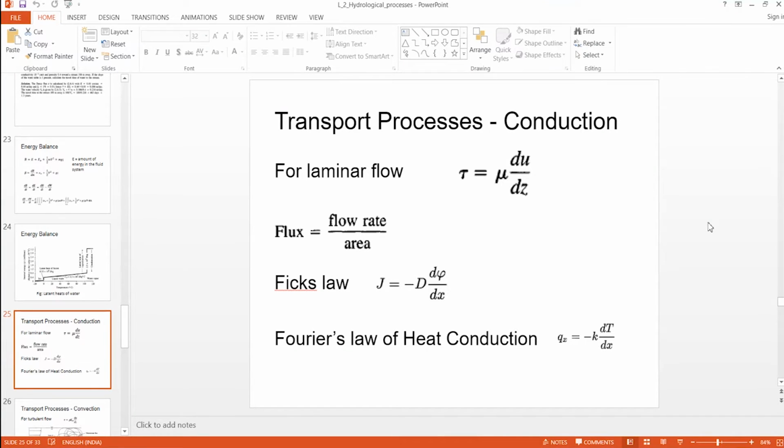Heat flux is nothing but the rate of transfer of flux through unit area. So that is heat flux q_x, and k is the thermal conductivity, because this is for energy conduction, whereas Fick's law is for mass conduction.